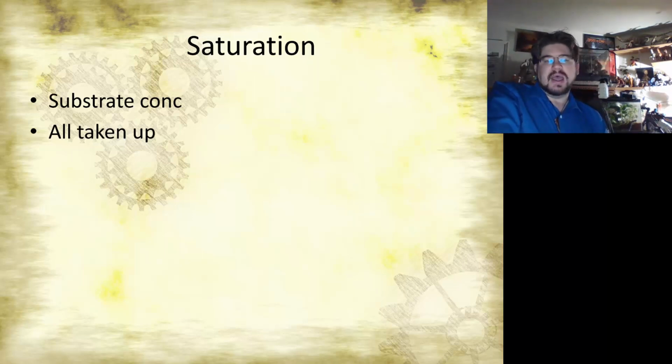So, saturation is where your substrate concentration equals your enzyme concentration, and all the active sites are bound. So increasing substrate won't get you more molecules of product any faster. Reaction rate is maxed.